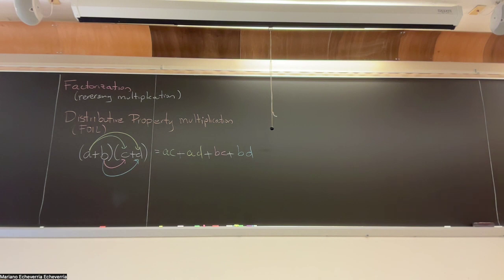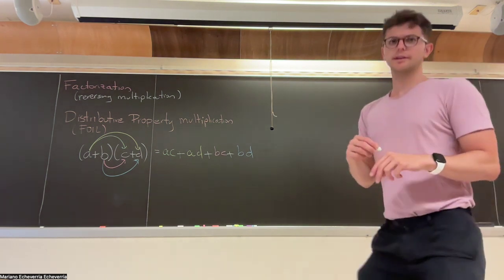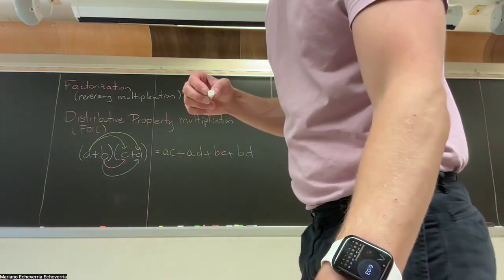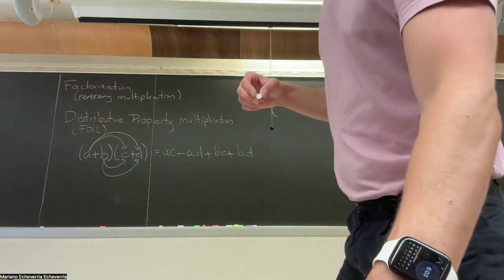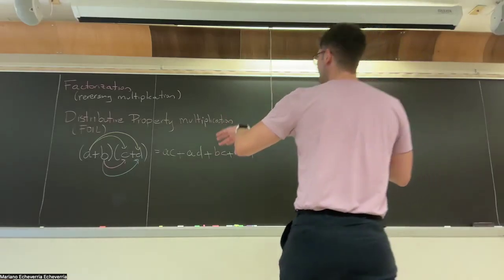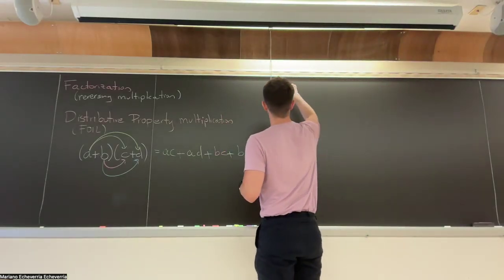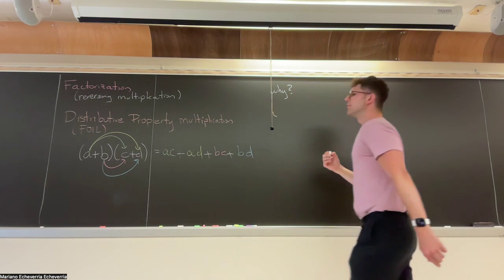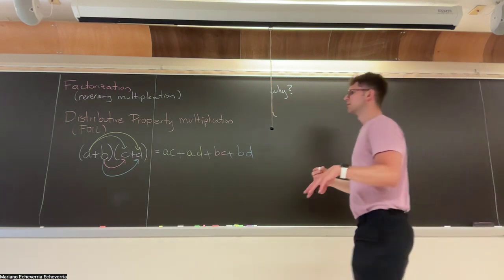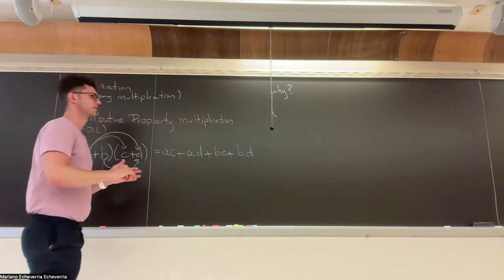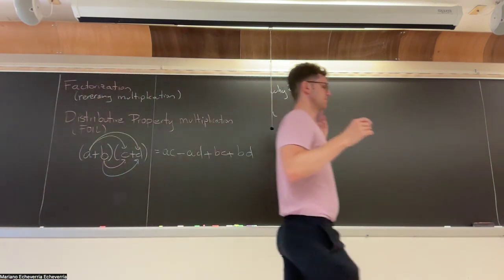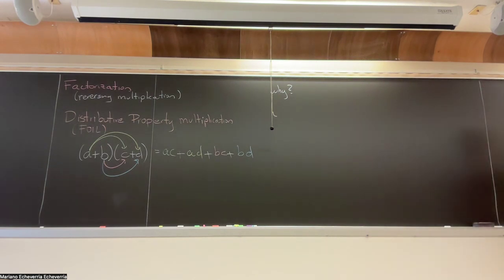Now, where does that come from? I may have mentioned this before, but why does this work? So why is this correct? One convenient way to see where the property comes from is areas.